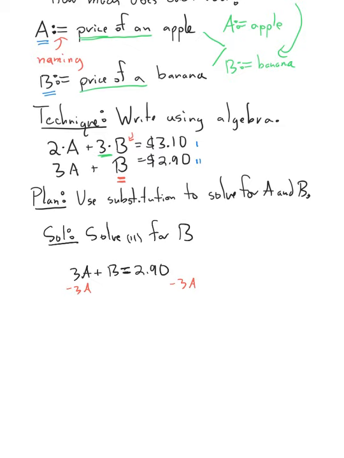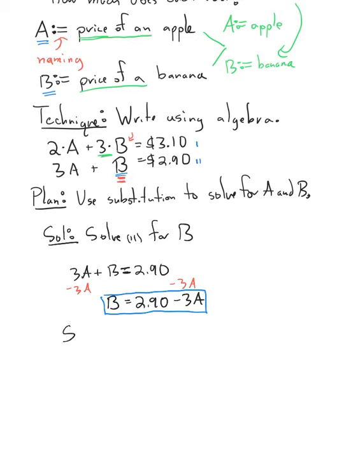I can do that. So I'm left with b on the left-hand side, and on the right-hand side, I'm left with 290 minus 3a. So I solved equation 2 for b. There it is there.